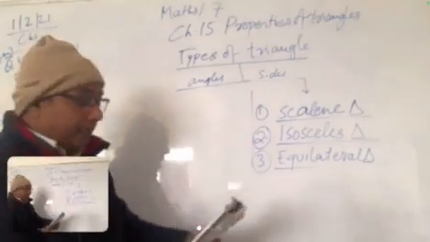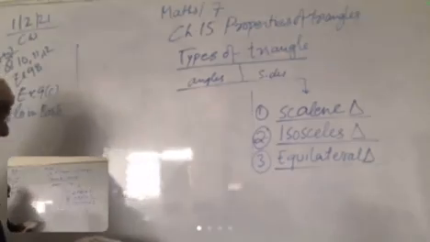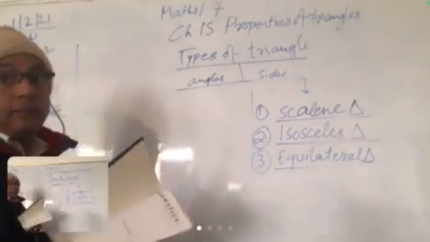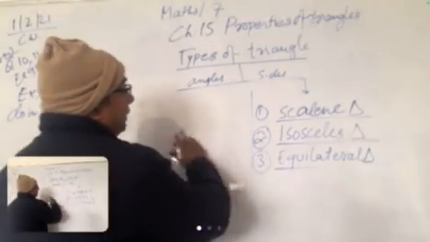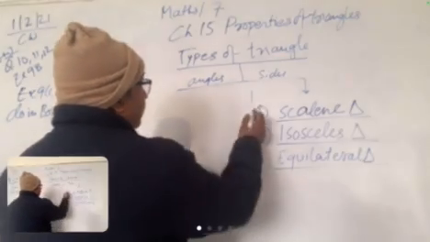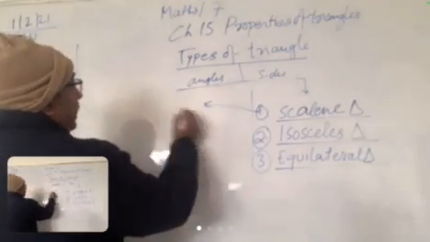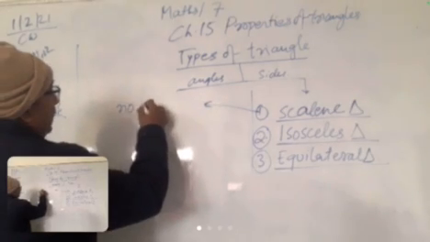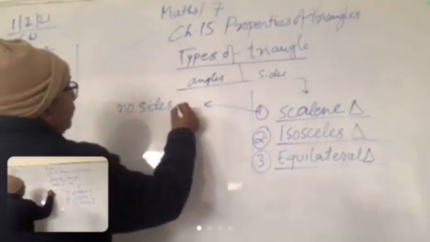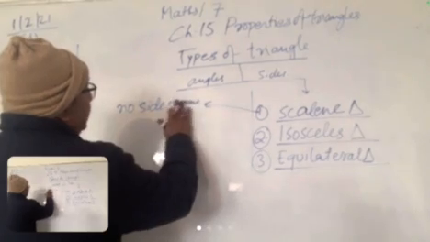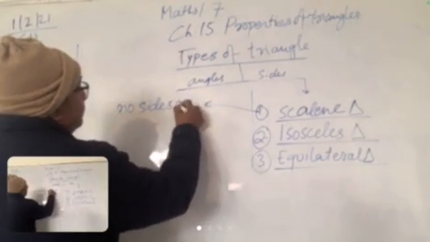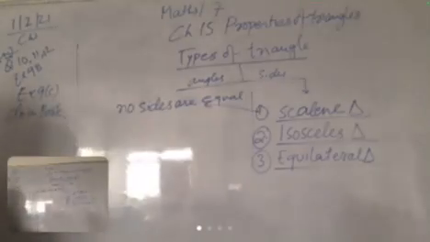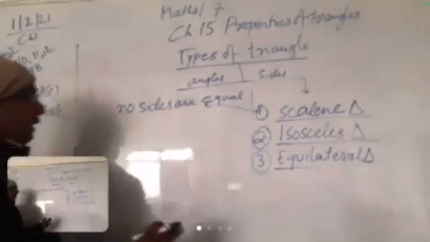Now let us see what is scalene triangle, what is isosceles triangle, and what is equilateral triangle. This is basically the side-based triangle. In scalene triangle, no sides are equal.